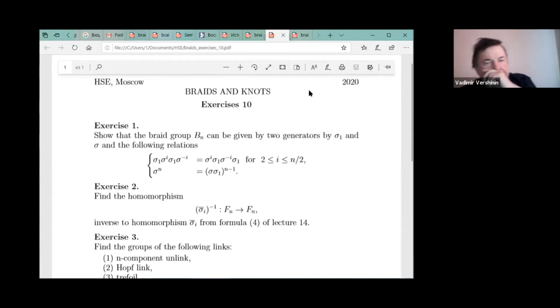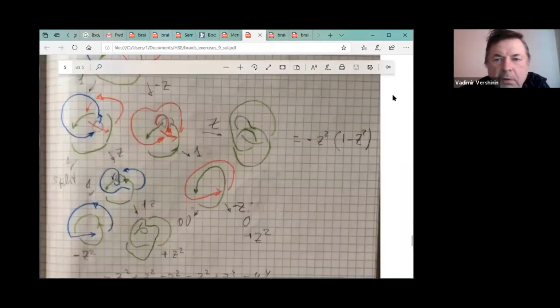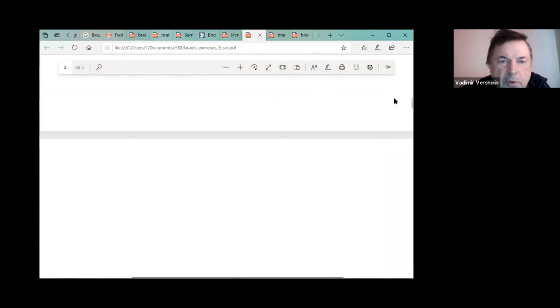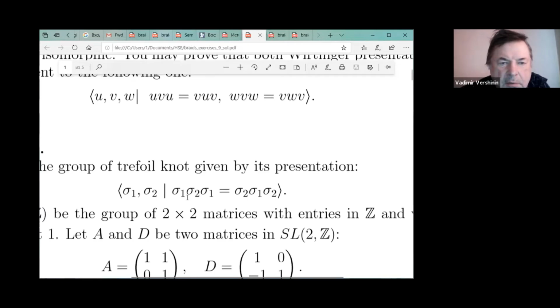I remind that our braid relations were like this, and commutating, like this, and commutating with the sigma i, sigma j far away; the close ones have the following relation.